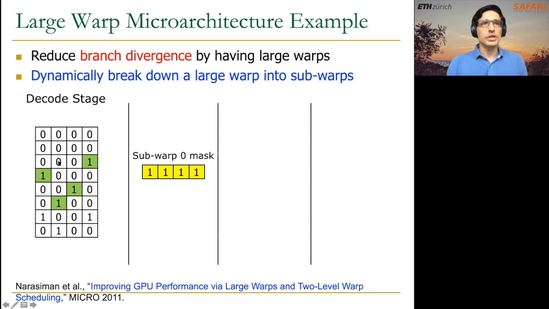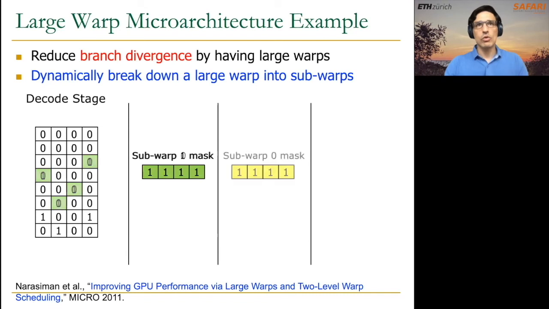So what we do is we take 4 of these threads that we know are going to be active on the current path, and we put them together, creating a subwarp, and then we launch this subwarp for execution onto the GPU pipeline, the GPU core.